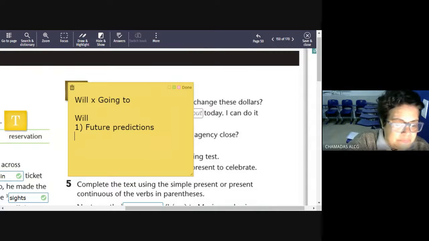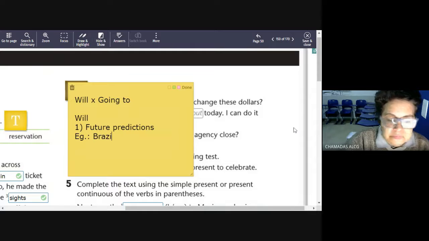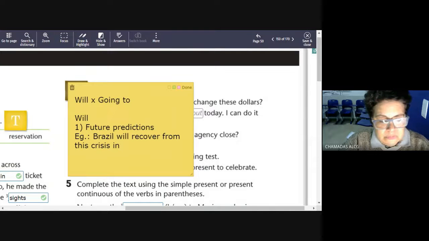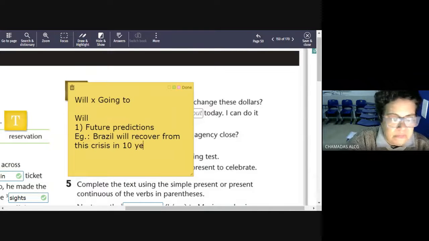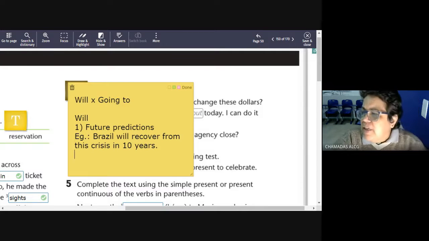Example. Okay, this is an example. Brazil will recover from this crisis in 10 years. So I'm making a prediction, okay, like a prophecy, all right? Another example.